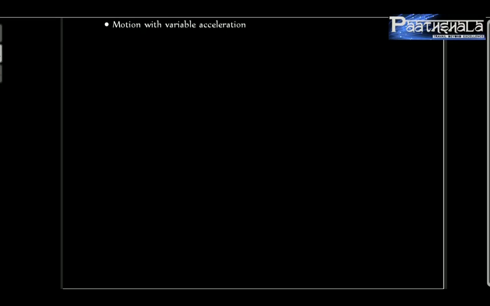So what is the meaning of variable acceleration? An example simply will be 2t square, or let me put something like, I should not put 2t square. A is equal to alpha t square plus beta t plus gamma. So the acceleration is changing with respect to time, right? Now let us say somebody asks you, how much is the distance traveled in the first 5 seconds?